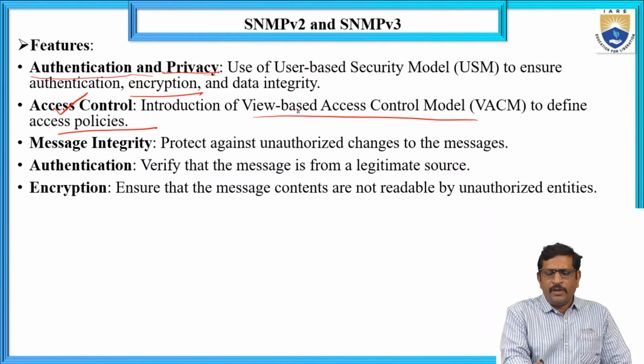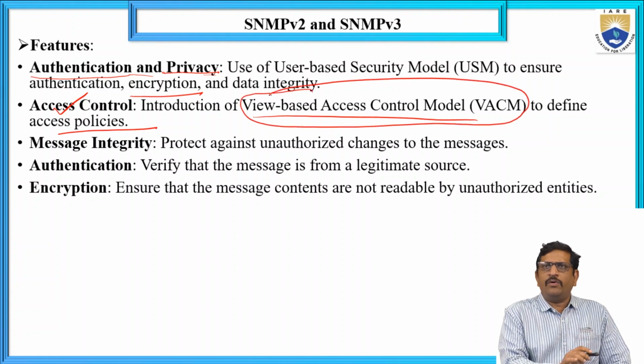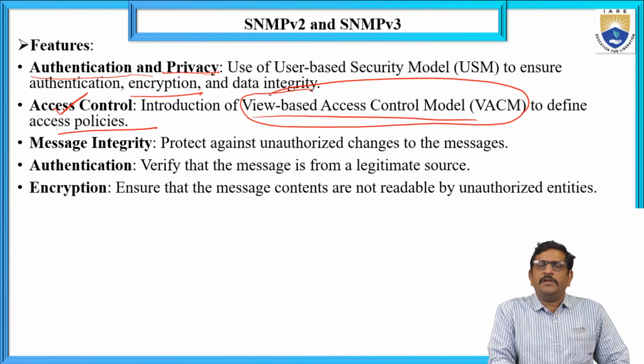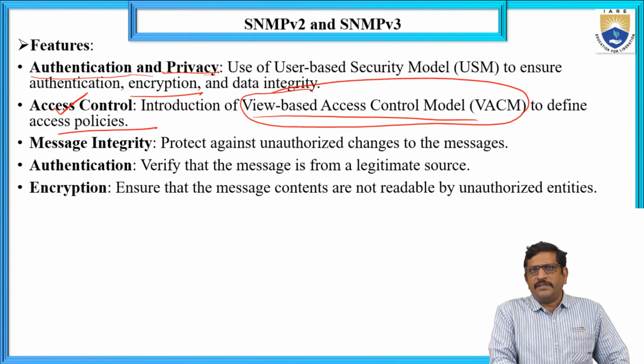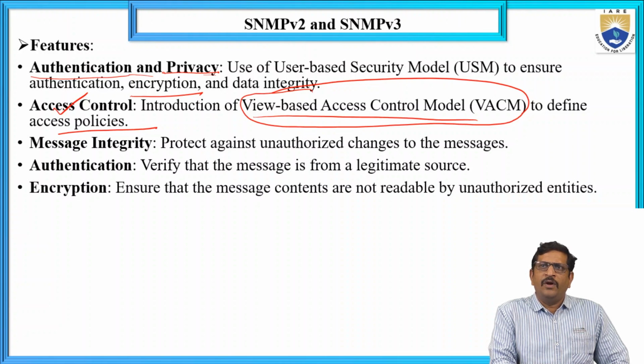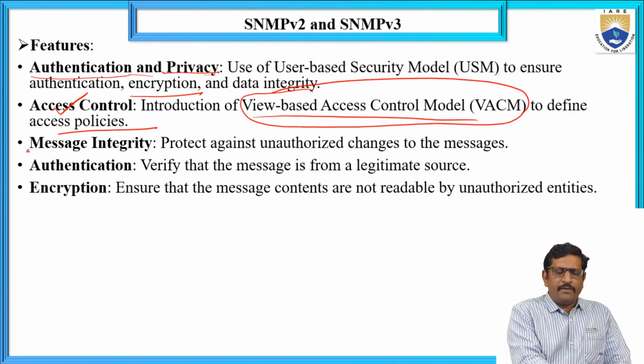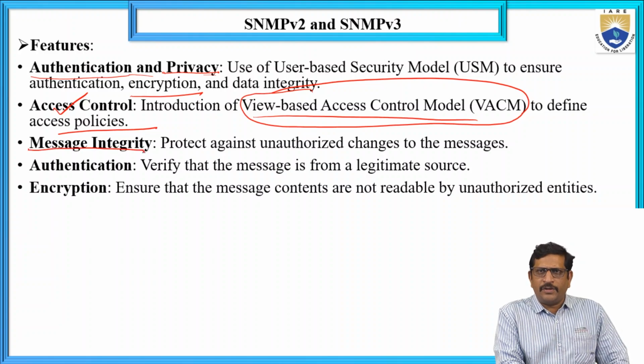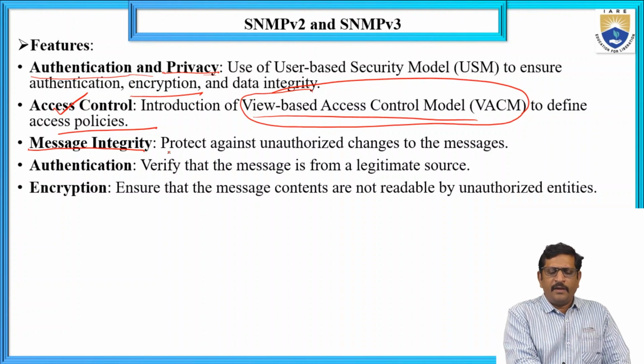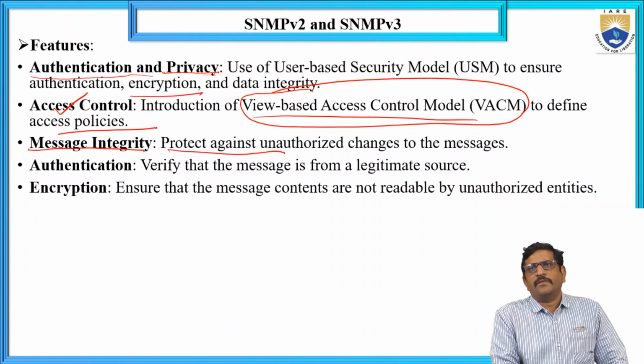With the help of the view-based access control model, this is a model that can be specified. Message integrity. Message integrity means we are providing high security and protecting the data from attackers.